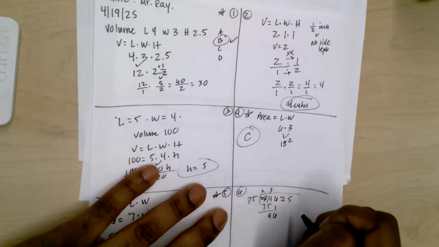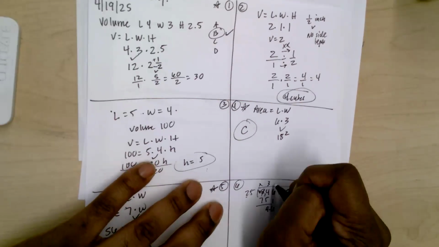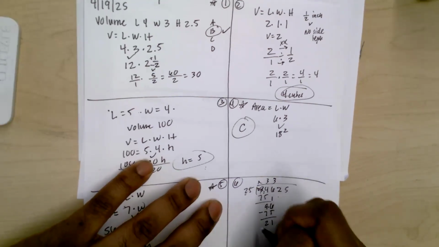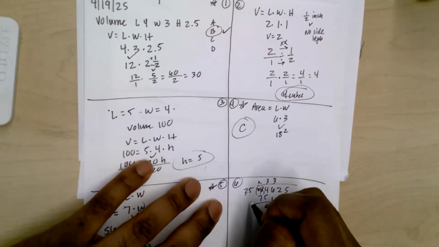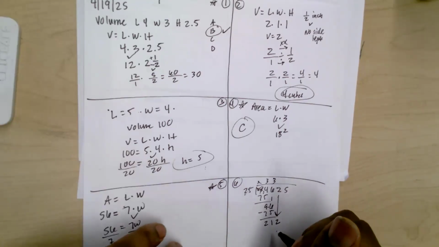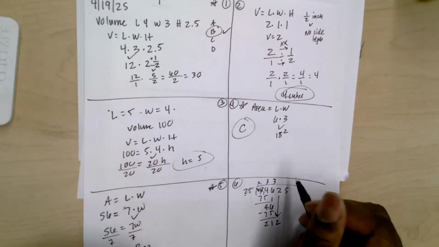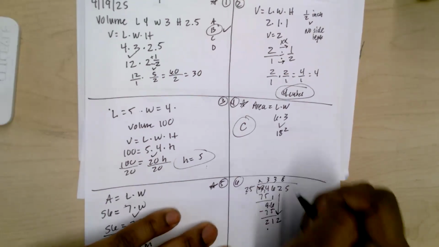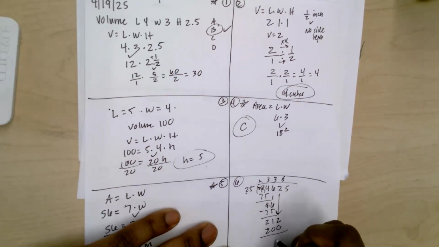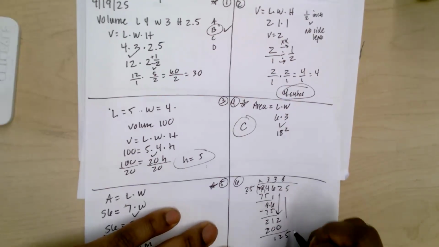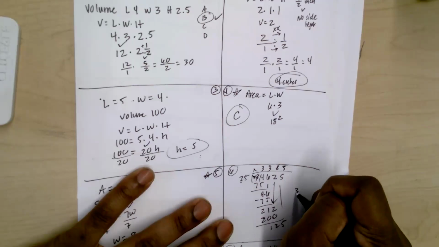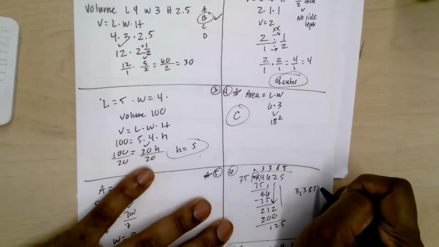Bring down the 6. 25 goes into 96 3 times at 75. That's a 21. Every time you subtract, you pull down the next digit. 25 goes into 212 8 times, because 25 goes into 100 4 times, 8 of those is 200. That's a 125. 25 goes into 125 5 times. So my answer is 3,385.